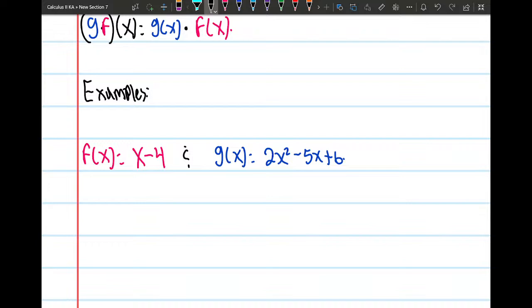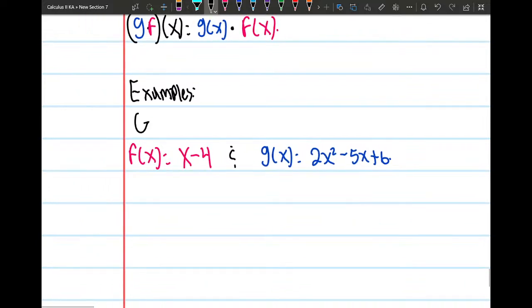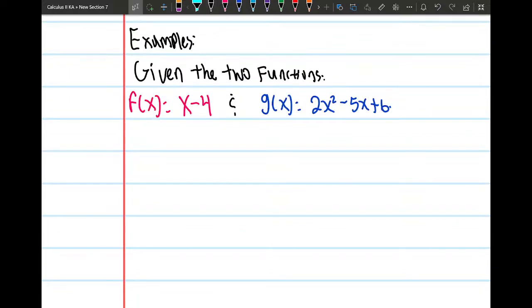So given the two functions f of x equals x minus 4 and g of x equals 2x squared minus 5x plus 6, find f times g of x.